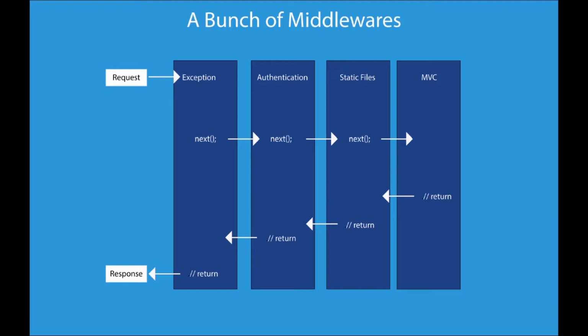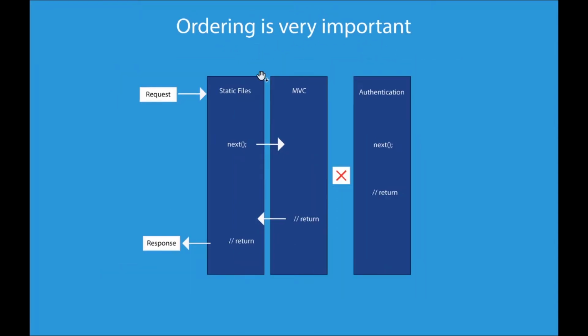Now, one thing to notice here is the arrangement of middlewares. The first one logs exceptions, the second one is authentication, the third one is static files, the fourth one is MVC. This ordering is very important. So let me show you a diagram. Here you can see that our very first middleware is static files, then after that we have MVC, and then after that we have authentication. Now when the request comes to static files and then goes to MVC, suppose you are accessing some secure data, it returns.